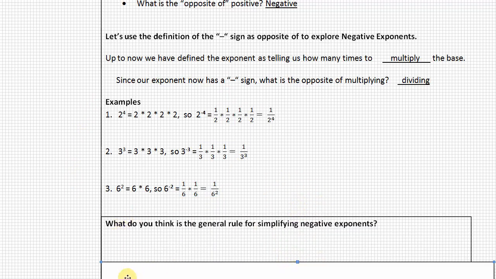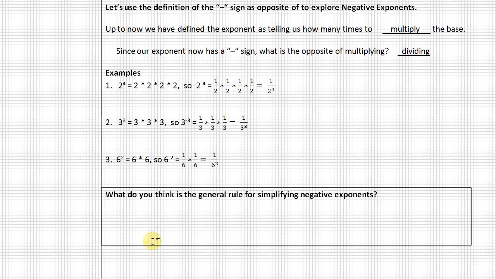So what do you think? We've been using this strategy a lot in this unit. What do you think is the general rule for simplifying negative exponents? How do you go from 6 to the negative second power and jump right to knowing it's 1 over 6 to the second power? Or as it was in the case with our first example and our second example.